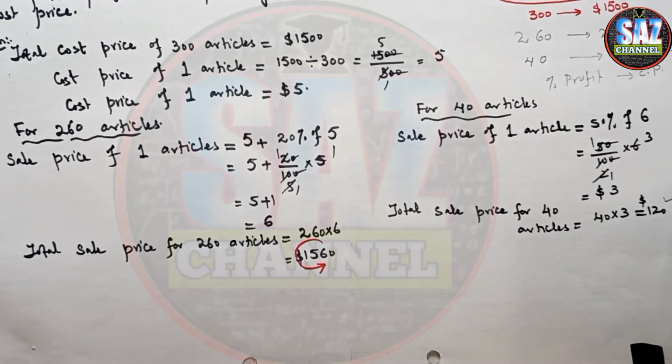Now as the question says that we have to find the shopkeeper's profit as a percentage of the cost price.